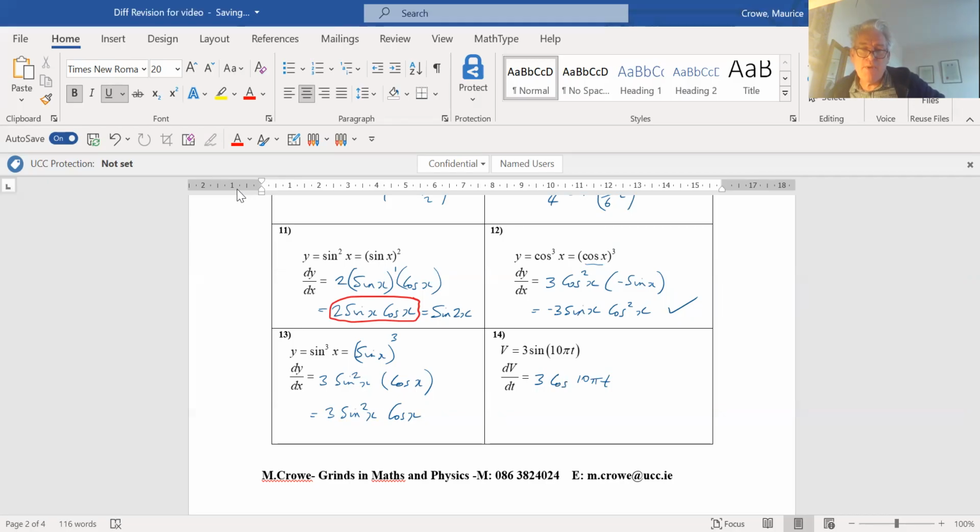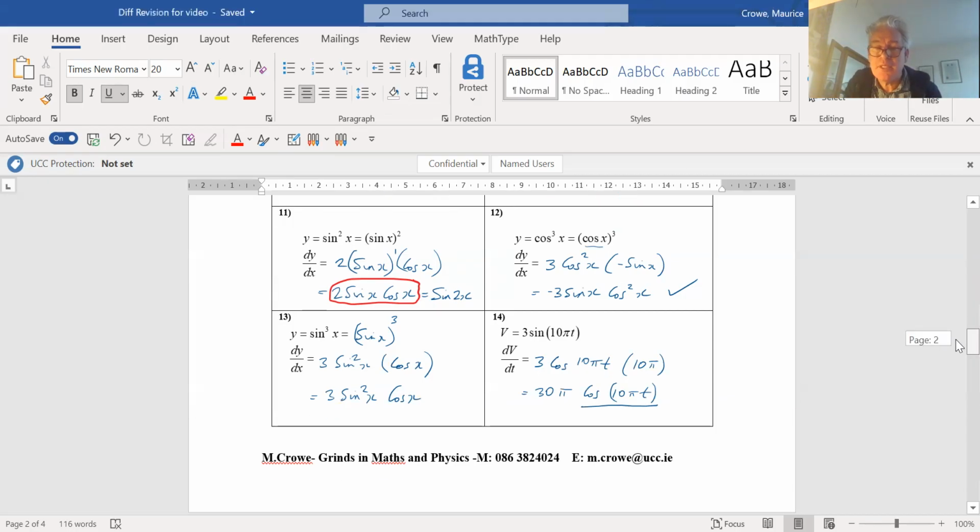The cos of 10 pi t multiplied by the derivative of that, which is 10 pi. 30 pi into cos 10 pi t. You could do the bracket around that if you want, but I mean, that's all. I mean, the cos of 10 pi t, that's all one function there.